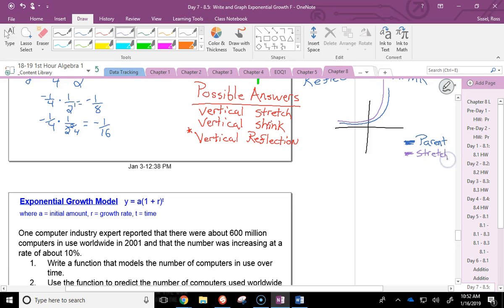Stretch. It became thinner. Shrink is the one that kind of became wider. It shrunk how steep our line is. And then our last one is a reflection. It reflected our parent line.